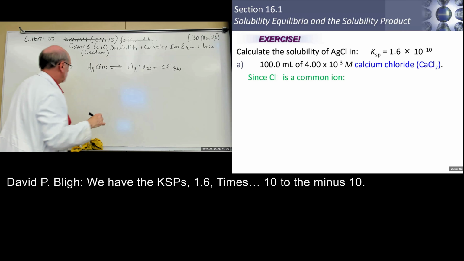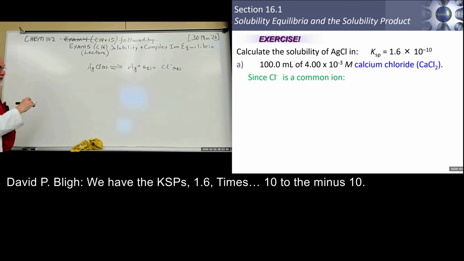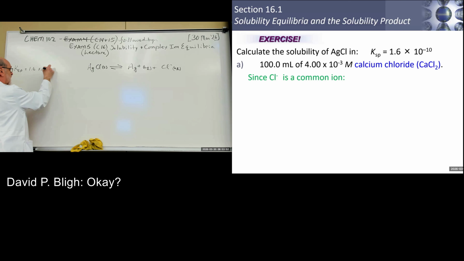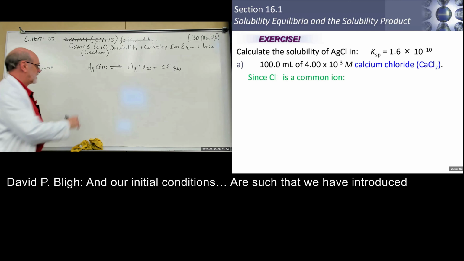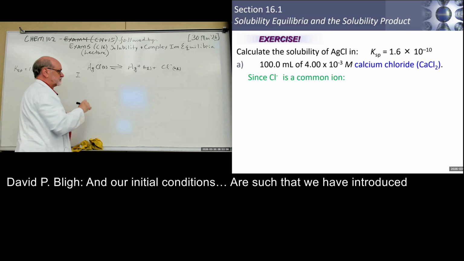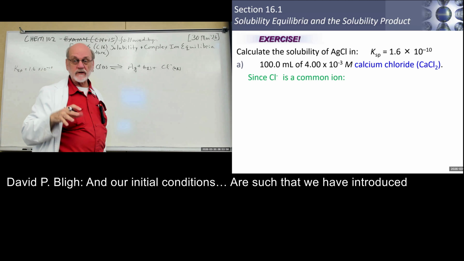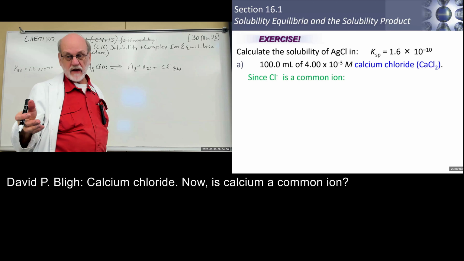Okay. We have the KSP is 1.6 times 10 to the minus 10. And our initial conditions are such that we have introduced calcium chloride.